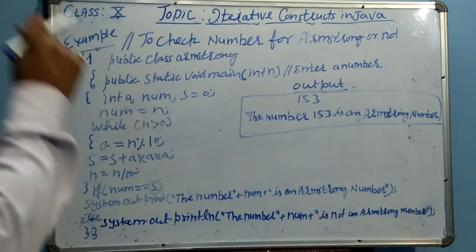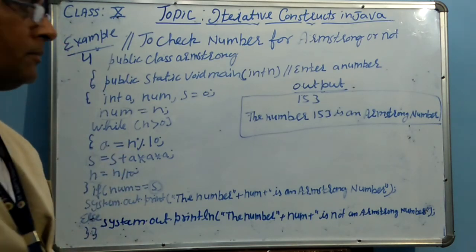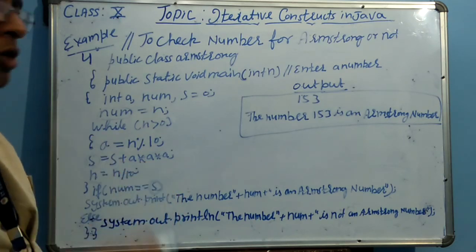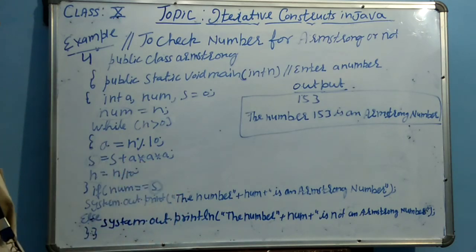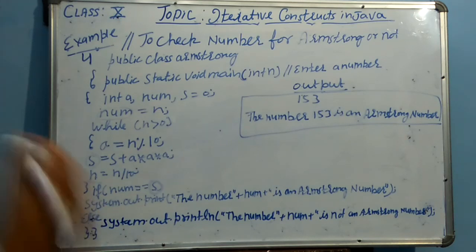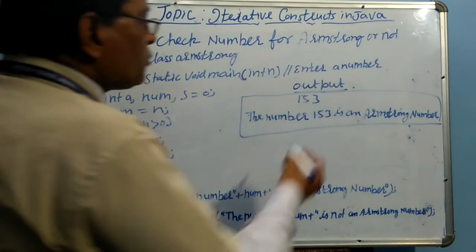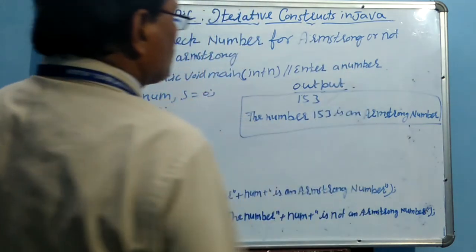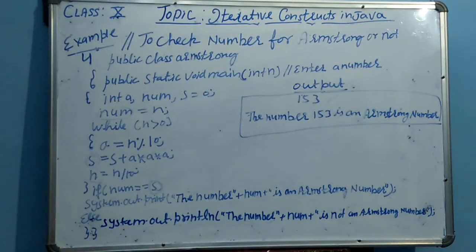I think all the students understand well how we will make the program for the Armstrong number. After completing your program, when you run it, you will see the output. It will ask for the value. Suppose you give 153.